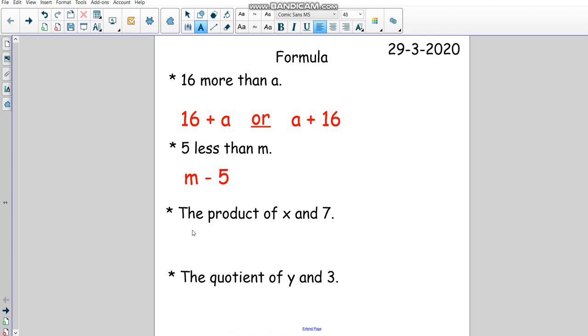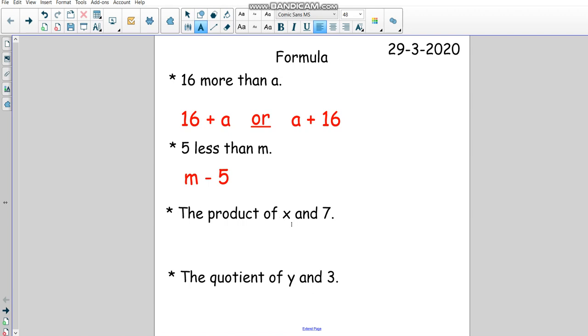The product of x and 7. As we said, product will always use the multiplication sign. But you must know that we never write the multiplication sign in algebra. Why?